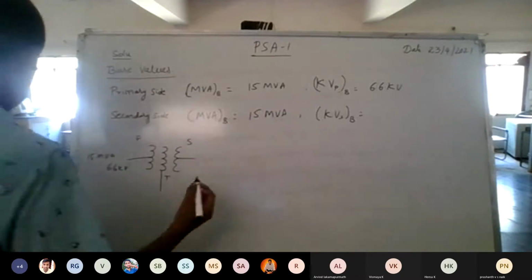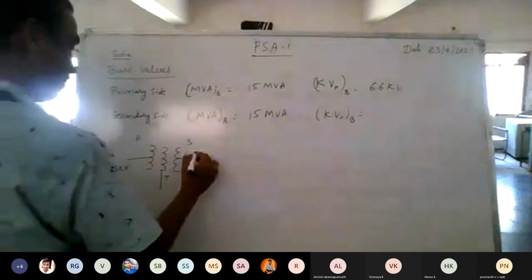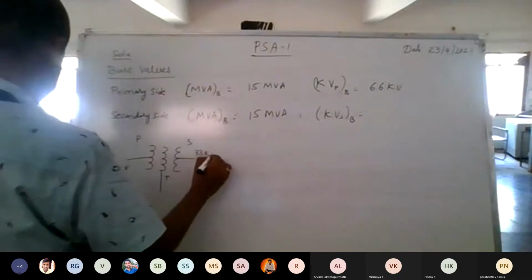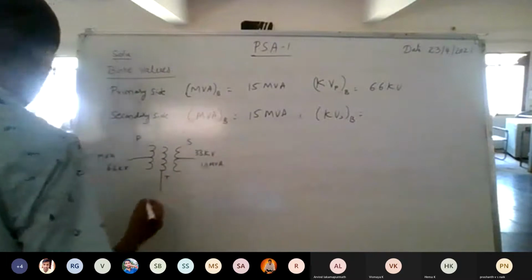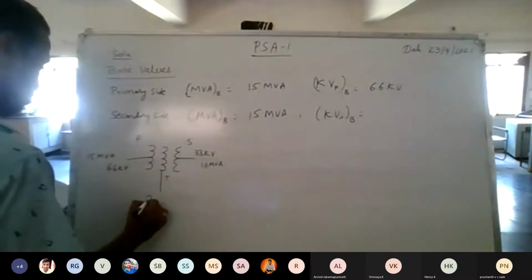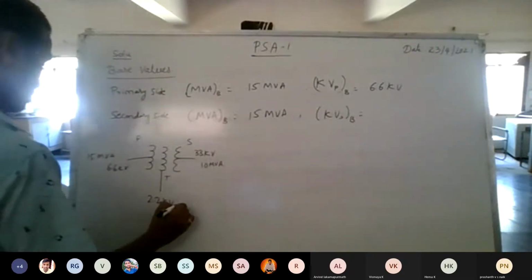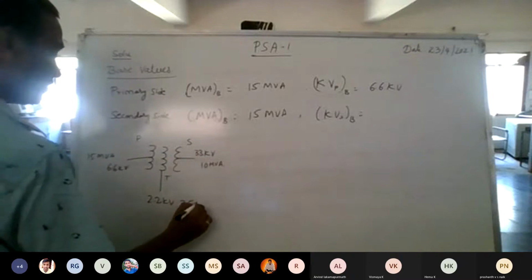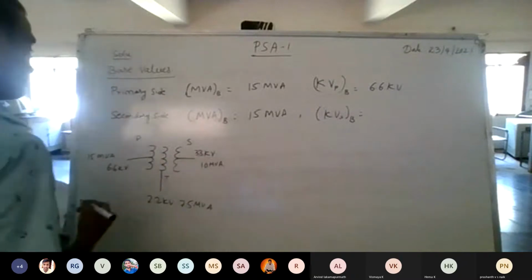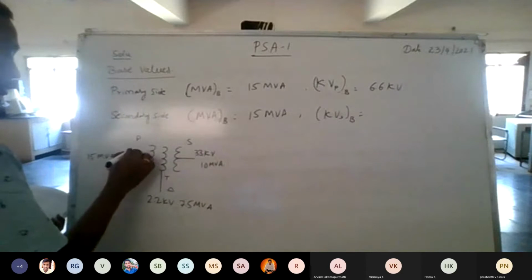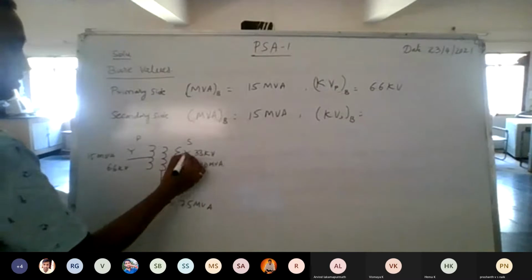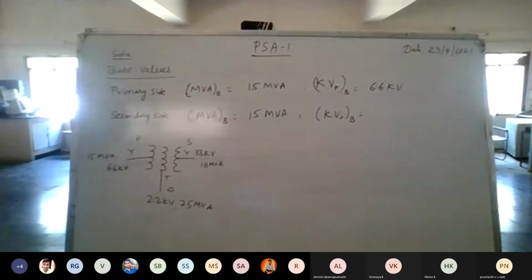Secondary is given 33 kV, 10 MVA, and the third one is 2.2 kV, 7.5 MVA. This is delta connected, these two are star connected.